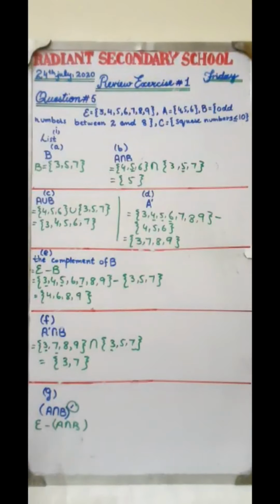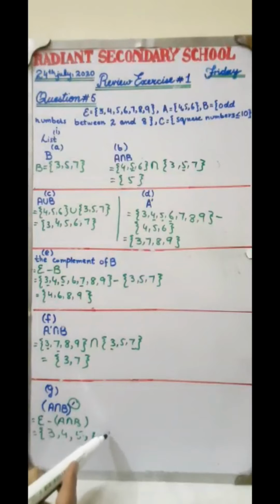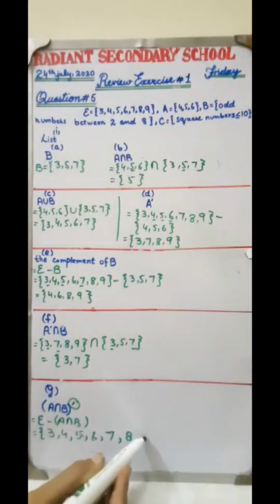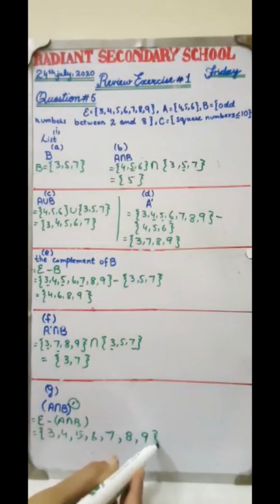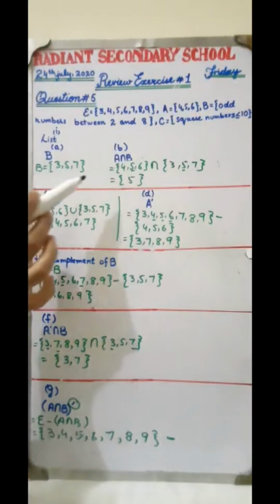Universal set from the question is 3, 4, 5, 6, 7, 8 and 9 minus A intersection B. The answer of A intersection B was 5.